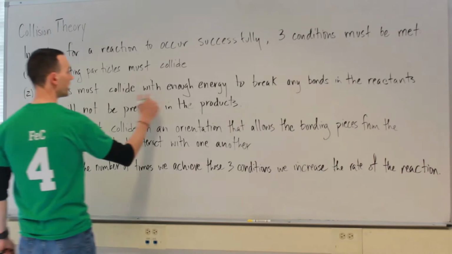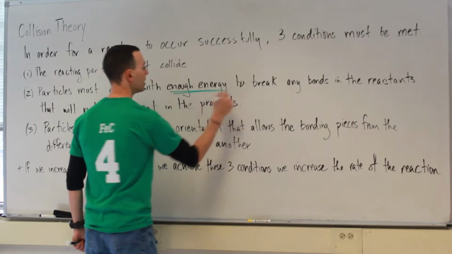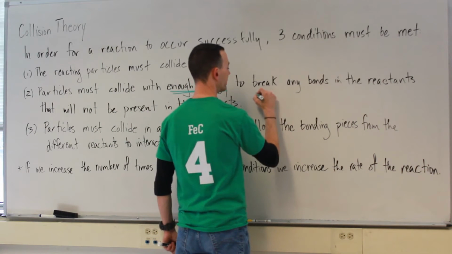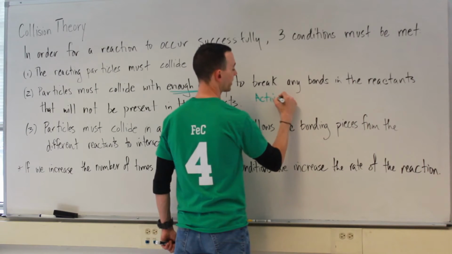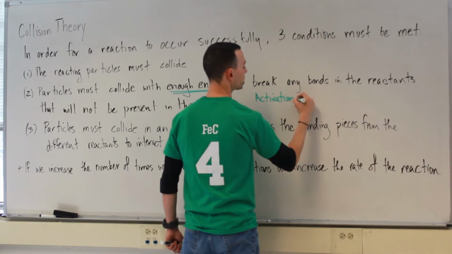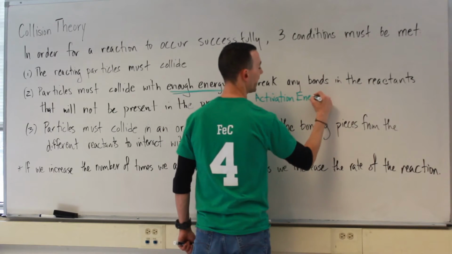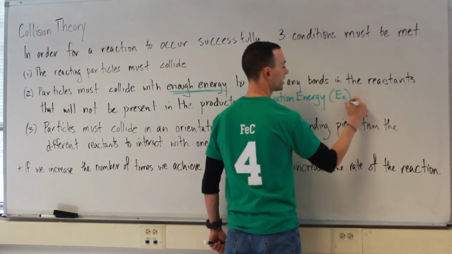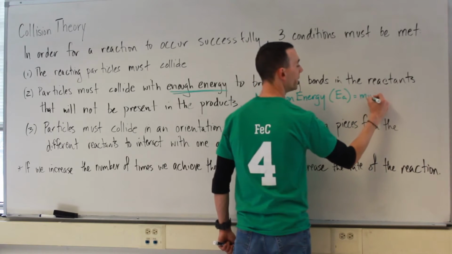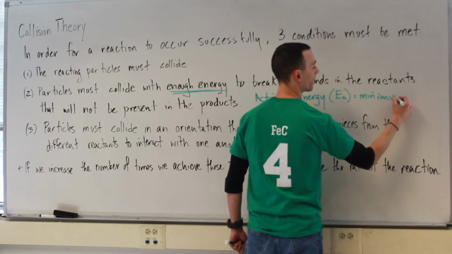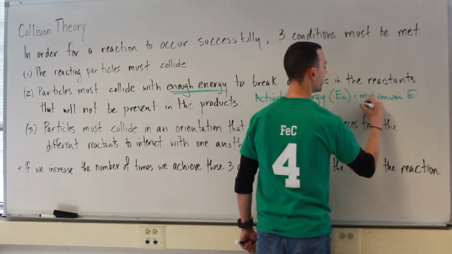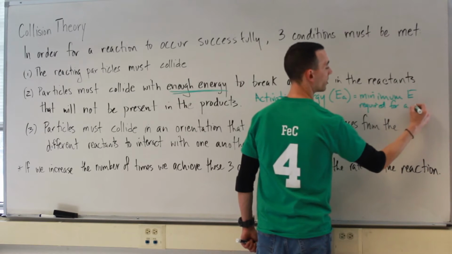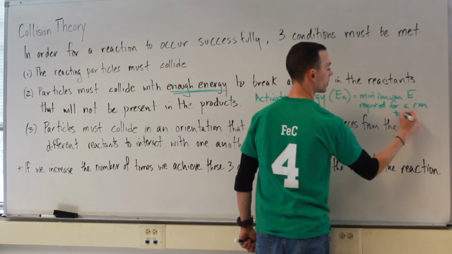This with enough energy, we have a name specifically for the amount of energy that every reaction requires in order to occur. It's called the activation energy. We use EA as its symbol. It's the minimum energy required for a reaction to occur.